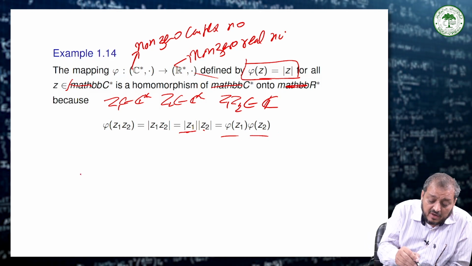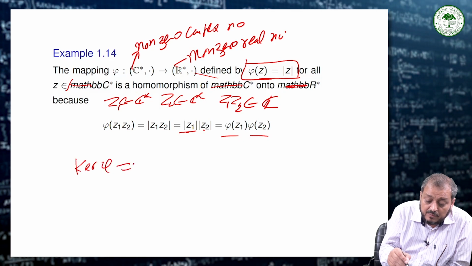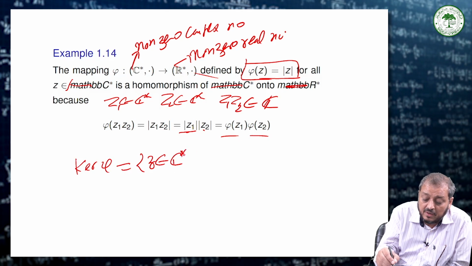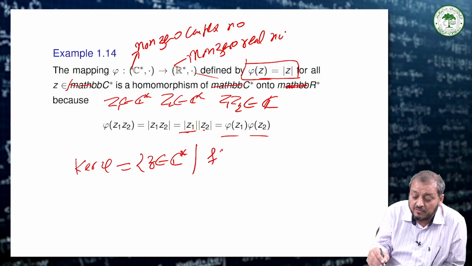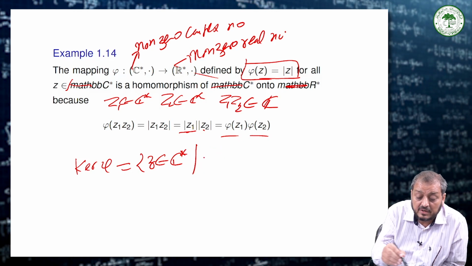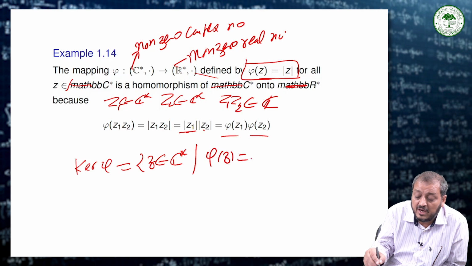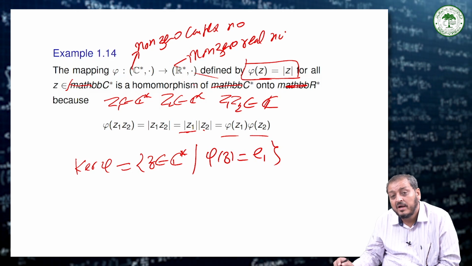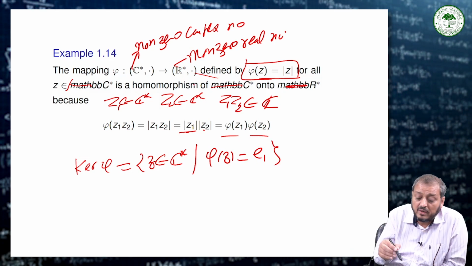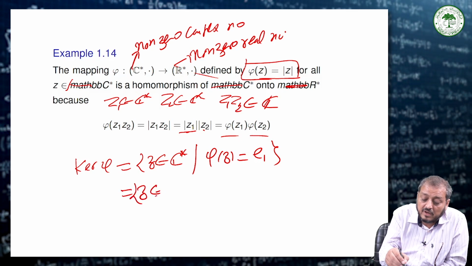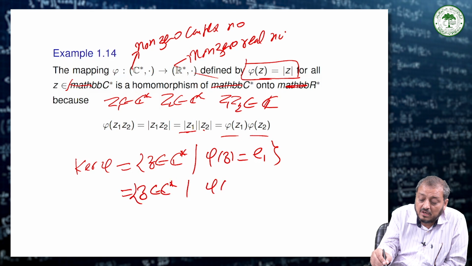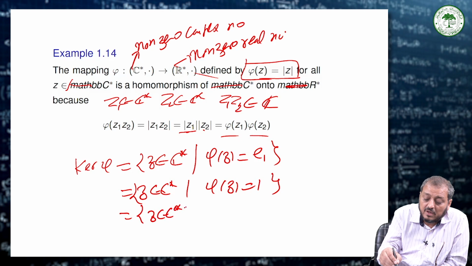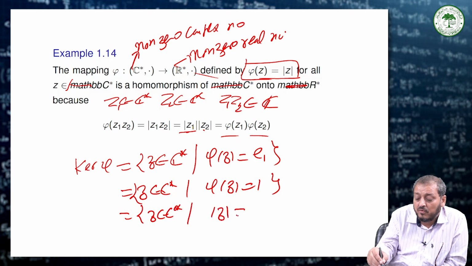Now we try to find the kernel. The kernel of phi is the set of z in the non-zero complex numbers such that phi of z is equal to the identity. The identity element here is 1, because under multiplication in R star the identity is 1. So this is z in C star such that mod of z is equal to 1.